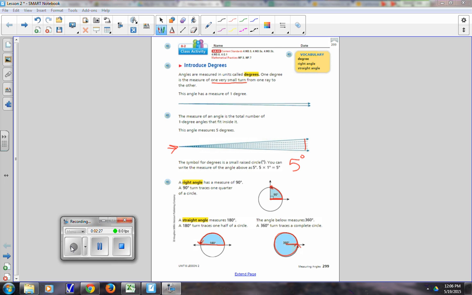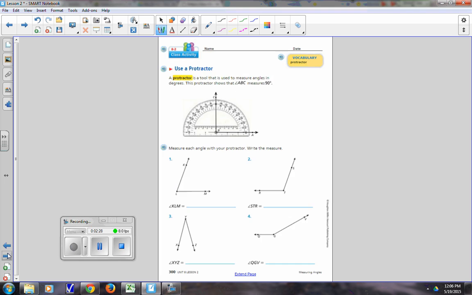Now, how do you measure all of this? What do you use? We use something called a protractor, and it's used to measure angles in degrees. This protractor shows angle ABC, and measures 90 degrees. Now, the thing you have to look at on your protractor is which way the angle is opening.